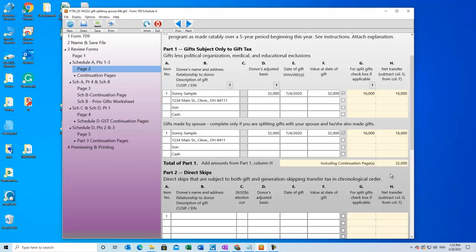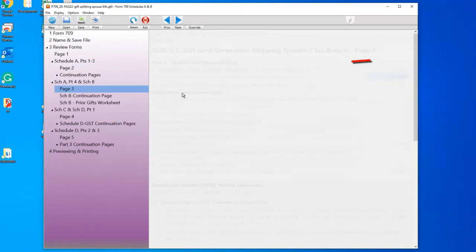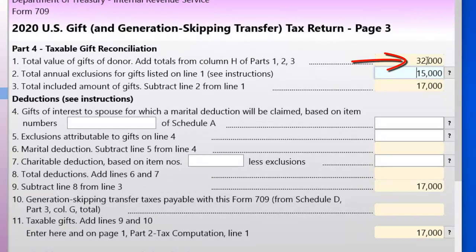And if you look at the bottom line for Betty's return, $32,000 is on her return. And if we were to look at his return, it would say the same thing, $32,000. So we're really reporting all $64,000 of the gift. But that's how we're doing it. A little convoluted perhaps, but that's how it goes.